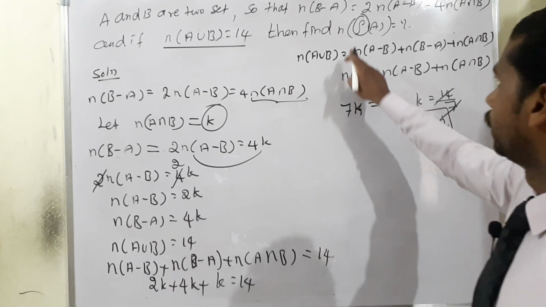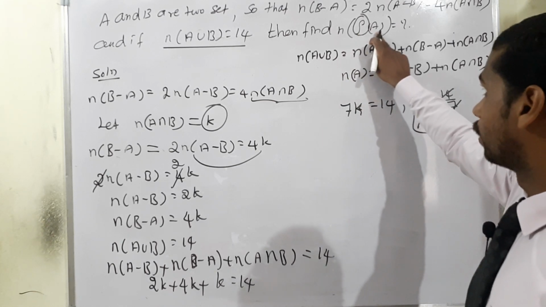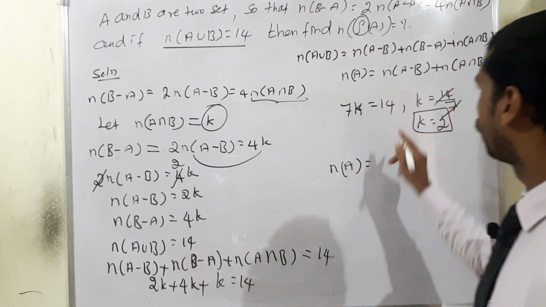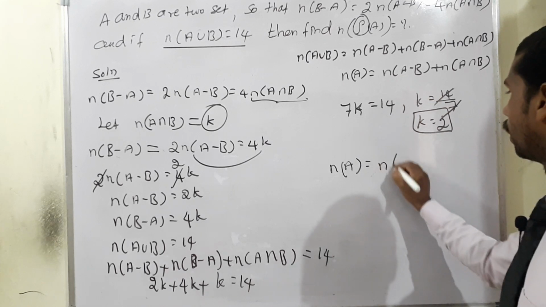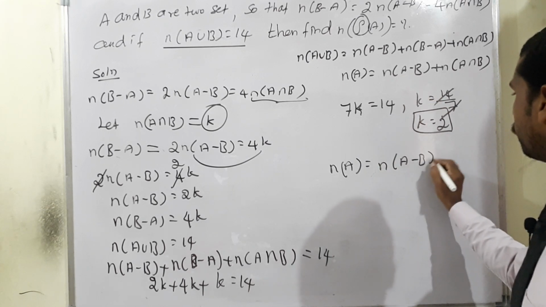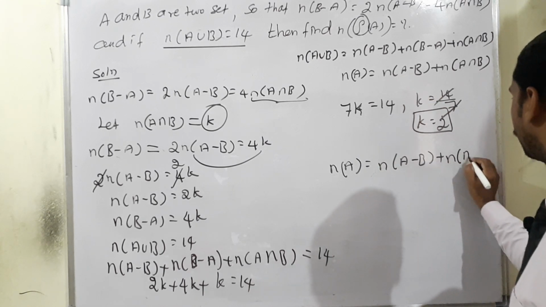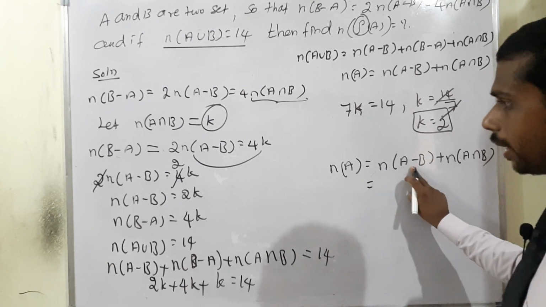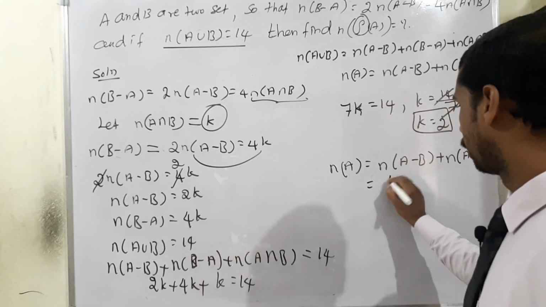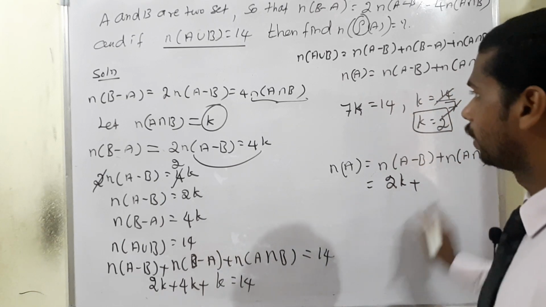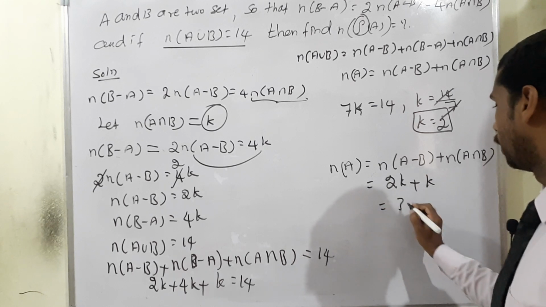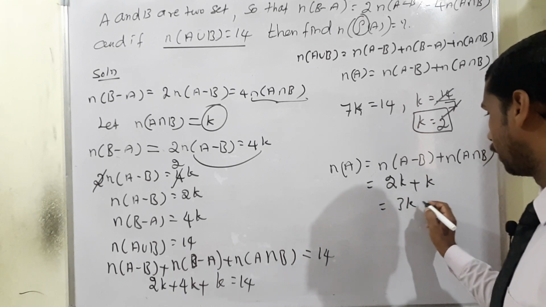Then we need to find the number of subsets of A. First we need to find the number of A. So number of A, what is the formula? Number of A minus B plus number of A intersection B. We already know number of A minus B is 2K, then number of A intersection B is K. 2K plus K means 3K.